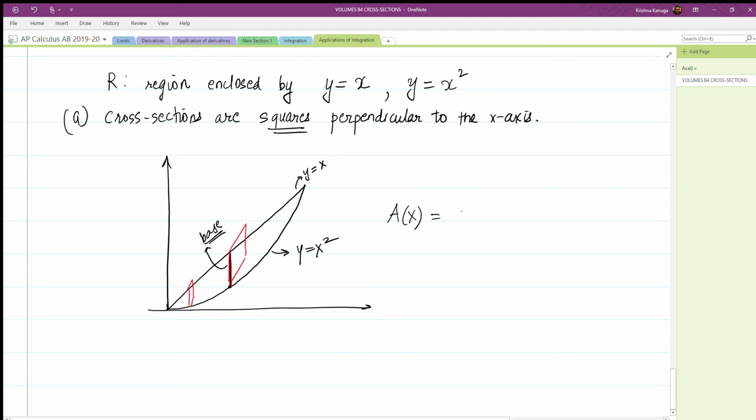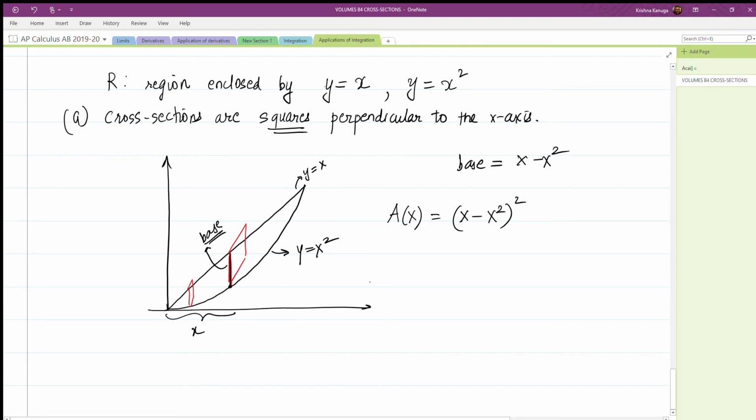So the base is x minus x squared at any x. The area is going to be x minus x squared, the entire thing squared.